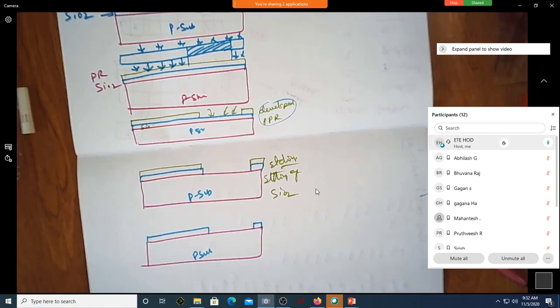Bhuwana is not unmuting herself. Network issue.